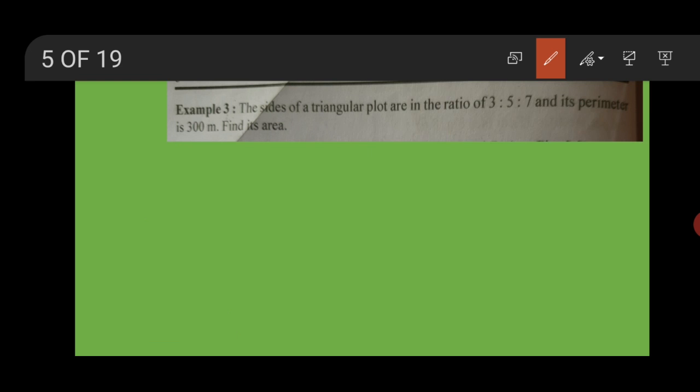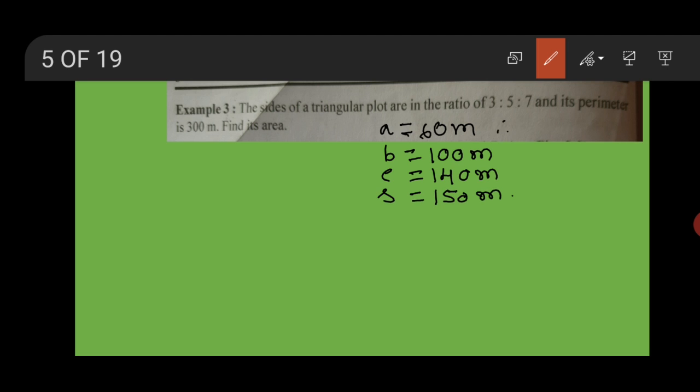We have to find S minus a. I will write here a is equal to what? a is equal to 60 meter, b is equal to 100 meter and c is equal to 140 meter and S is equal to 150 meter. Therefore we need S minus a.